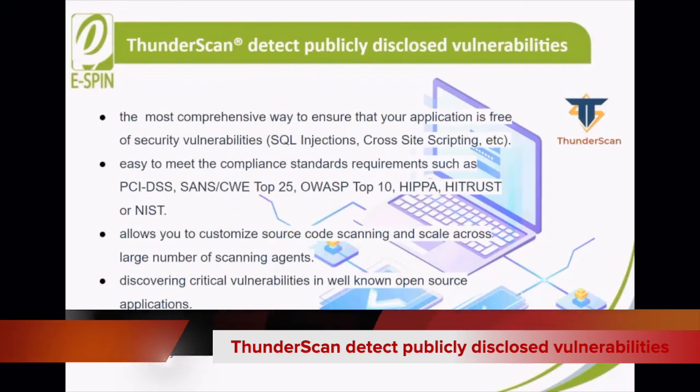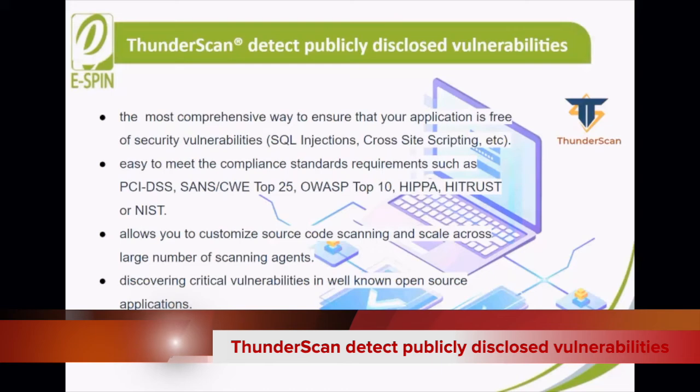ThunderScan detects publicly disclosed vulnerabilities. ThunderScan includes a dependency check component, software composition analysis, SCA, that will detect publicly disclosed vulnerabilities contained within a project's dependencies with associated CVE entries.